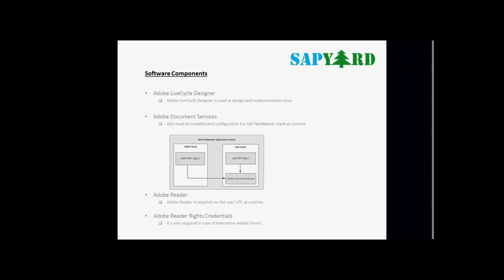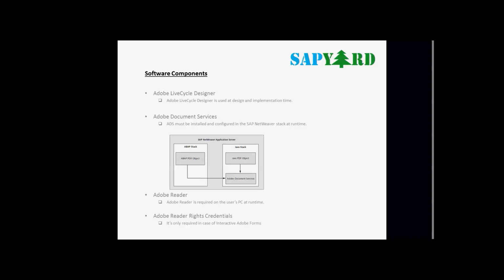ADS, whenever it is up, by default creates PDF-based print forms only. If you want to have an interactive feature in the PDF, you have to provide an indicator to ADS to know that this particular PDF we would like to edit, or we would like some of the UI elements to be input ready.